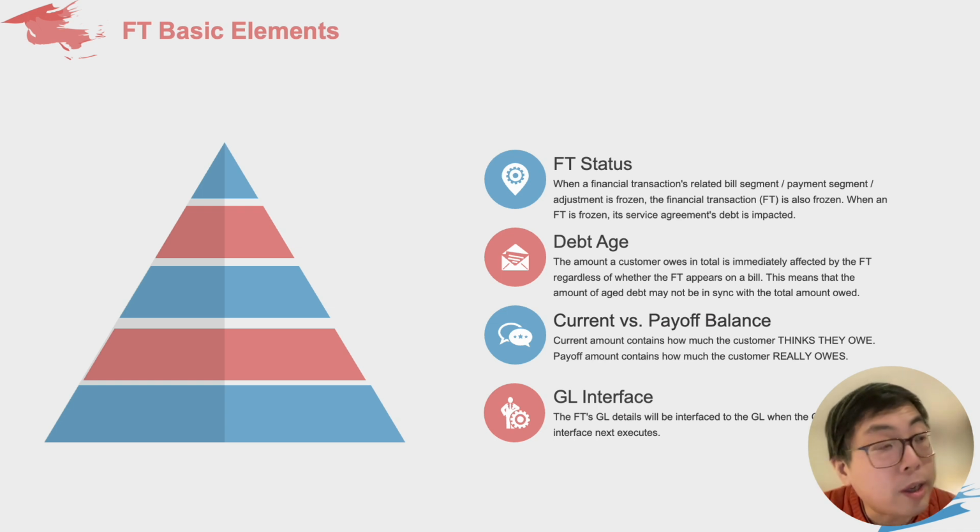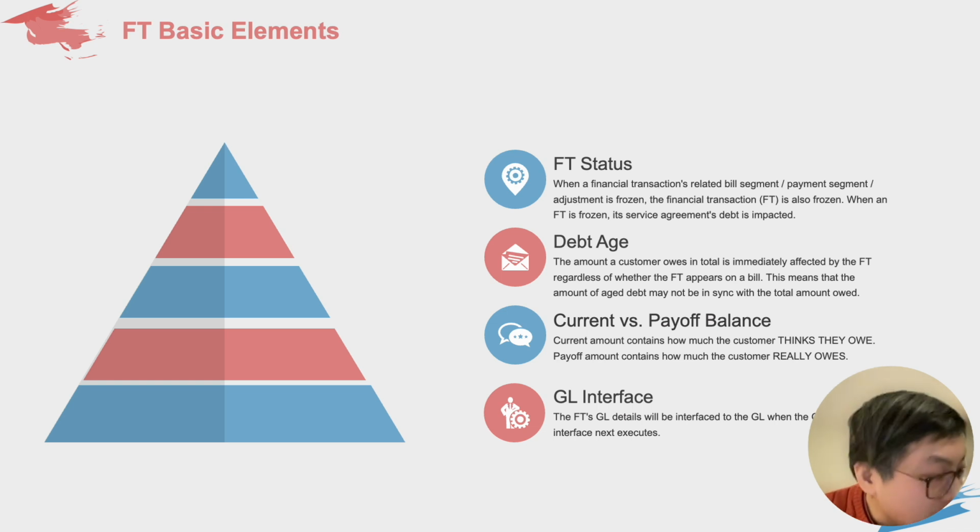A financial transaction is generated from a bill segment, payment, or adjustment. Any of them generates a financial transaction, and it's going to impact the balance, current and payoff balance. This is a very important concept. Officially, it says the current amount contains how much the customer thinks they owe, and the payoff amount contains how much the customer really owes.